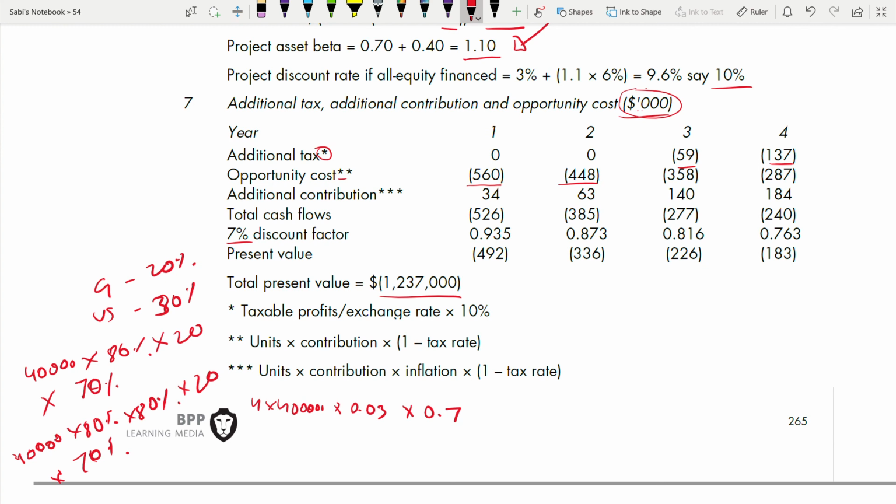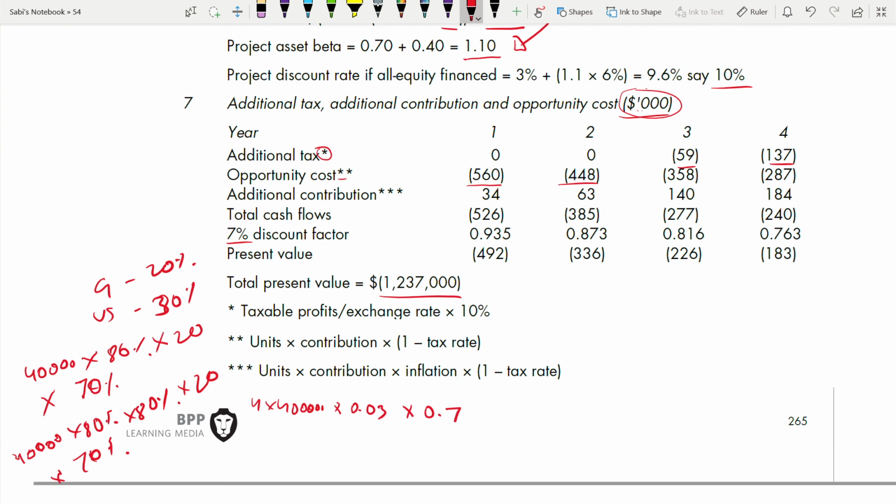Something definitely is wrong. The additional contribution, it's 4.